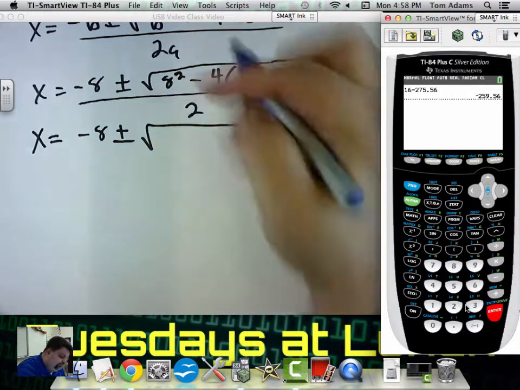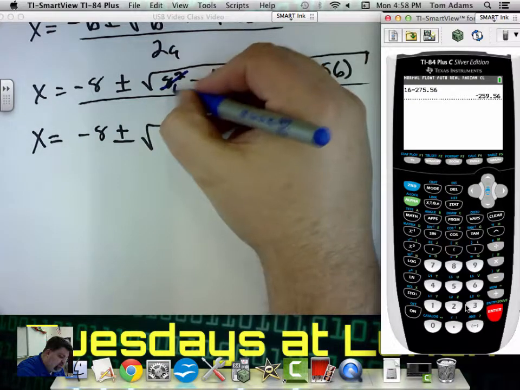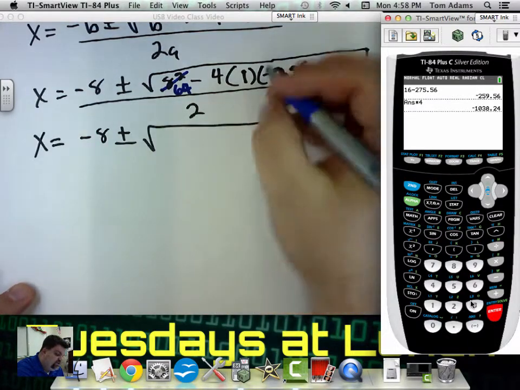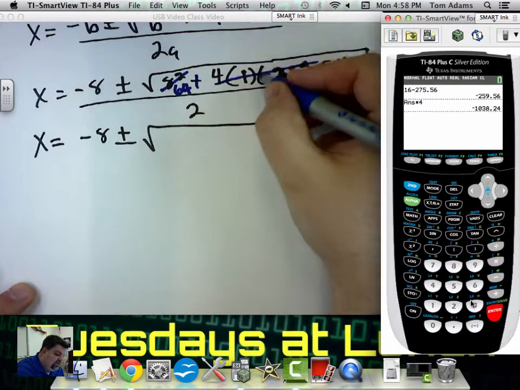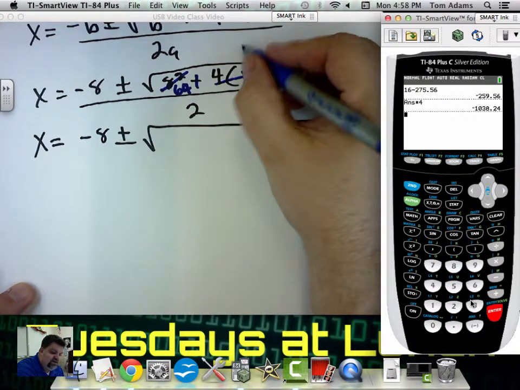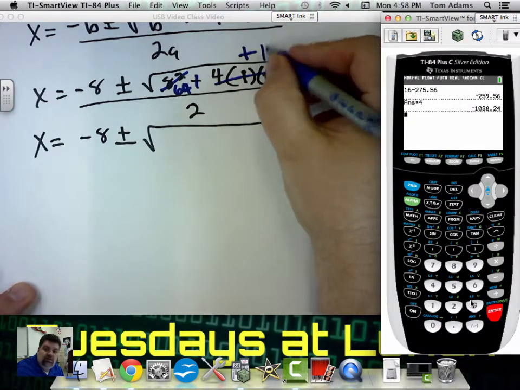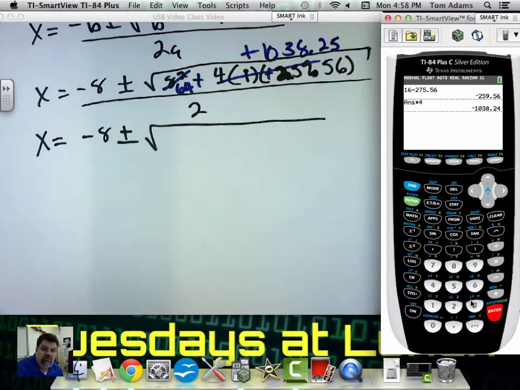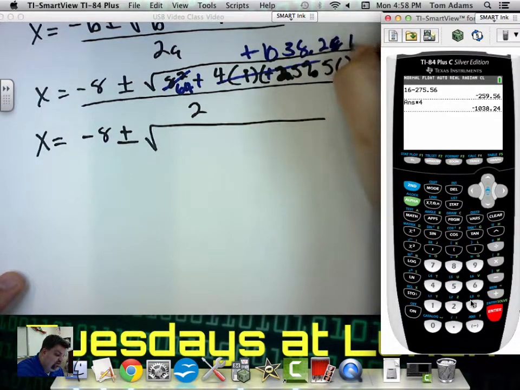I'm going to clean this up a little bit. This is 8 squared, which is 64. And then I'm going to multiply my number here by 4. And it becomes a positive now, because the negative times the negative is a positive, so I end up with 64 plus 1038.24.